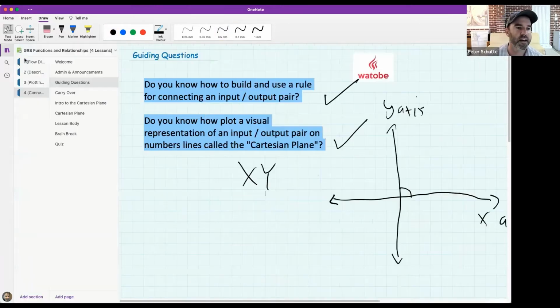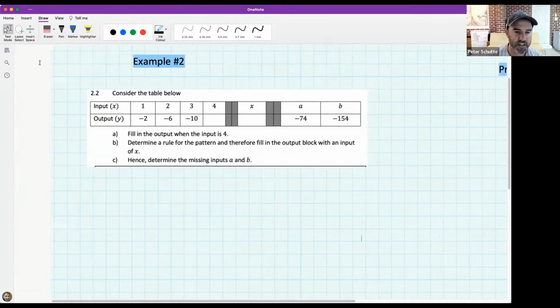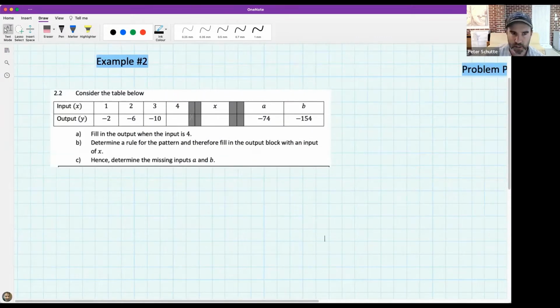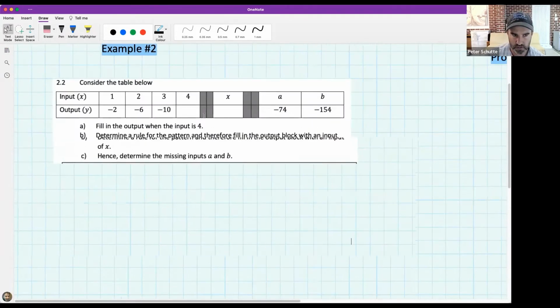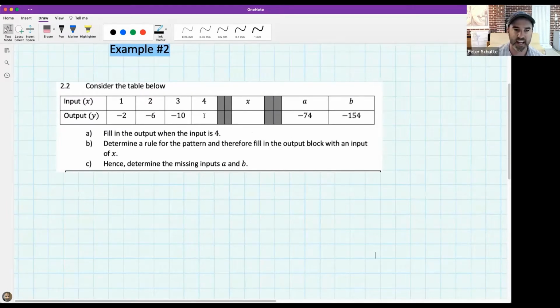But in the last lesson, we finished with this question, and there was still some uncertainty about it. So I want to start it again and just make sure we can do it. To set the scene, we have these inputs over here, and then we have these outputs. The first thing to do is I want to work out what goes with the 4.